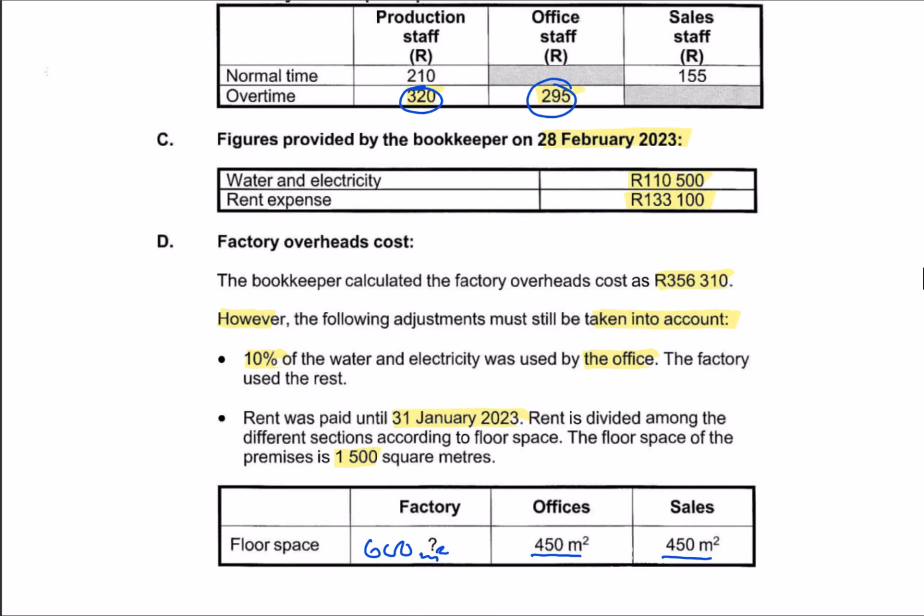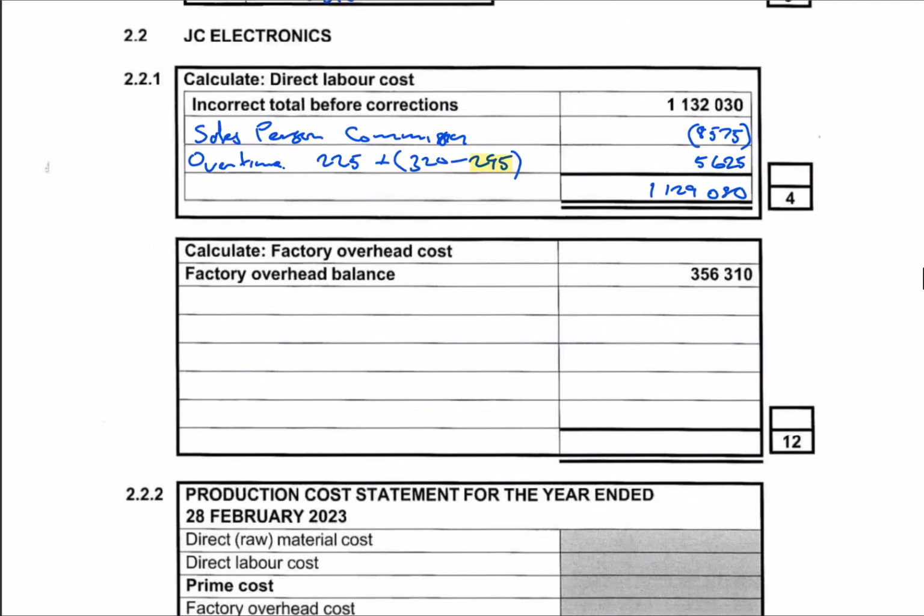10% of the water and electricity was used by the office. The factory used the rest. It's 110,500. So that's water and electricity, 110,500 times 90%.